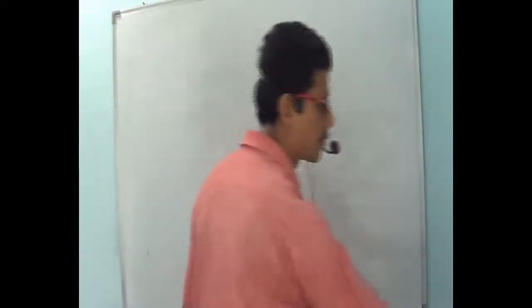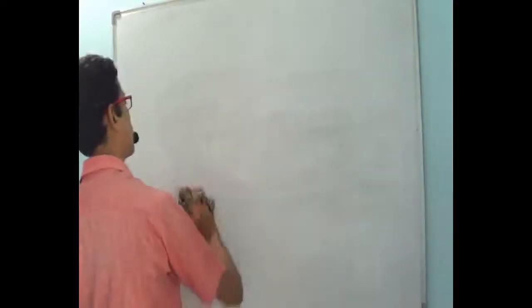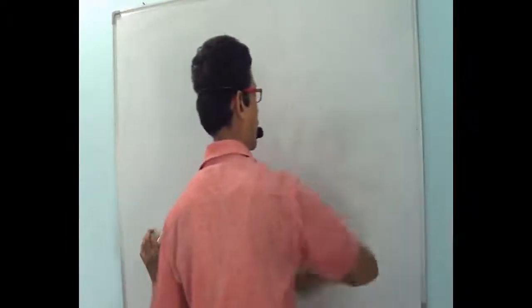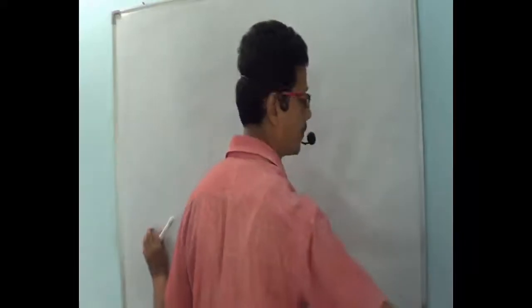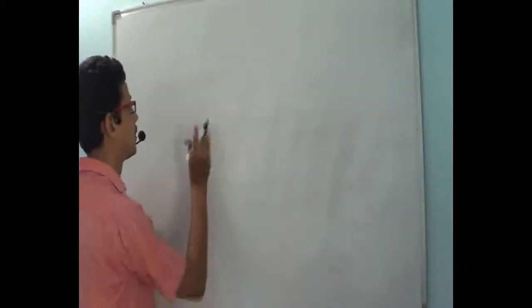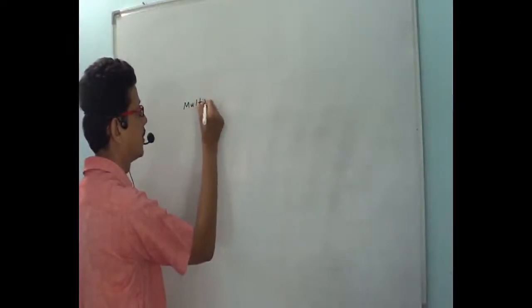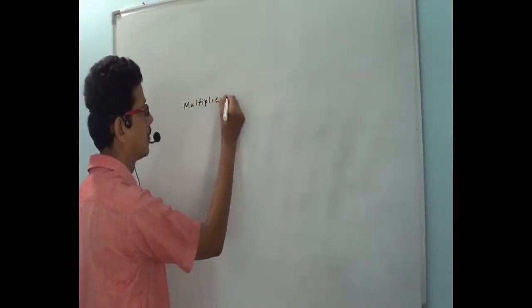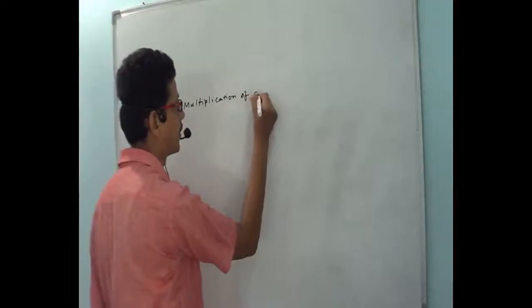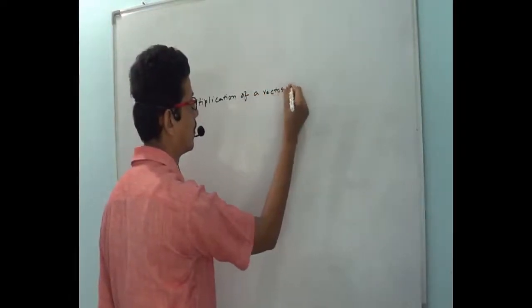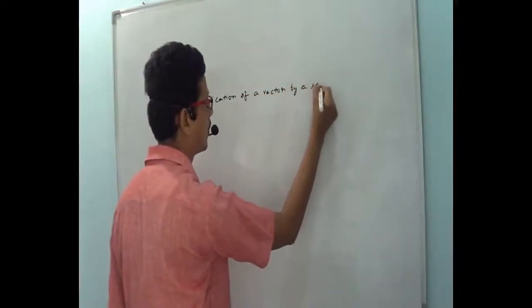What is the next concept? Multiplication of a vector by a scalar. You can keep the side heading: multiplication of a vector by a scalar.